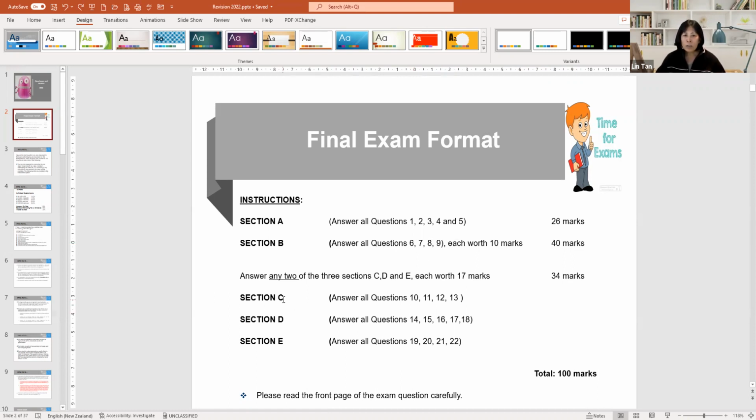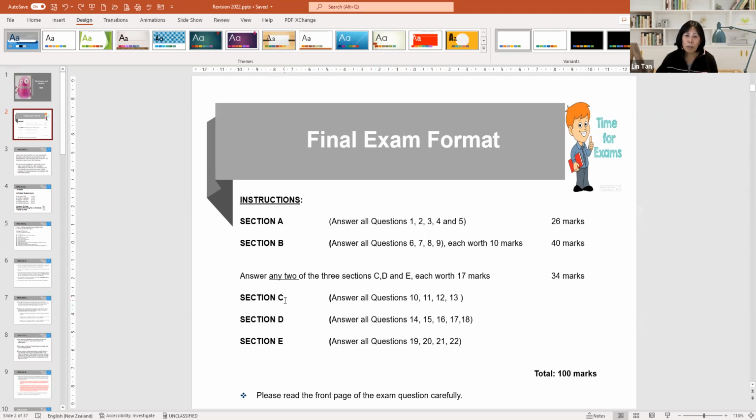And then the next sections, C, D, and E, are all set by me, and you have a choice there. You can choose any 2 of the 3 sections. Within each of those sections, there are a few questions, like in section C, we have questions 10, 11, 12, 13, and so forth.